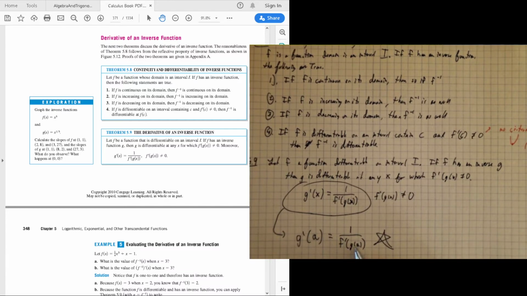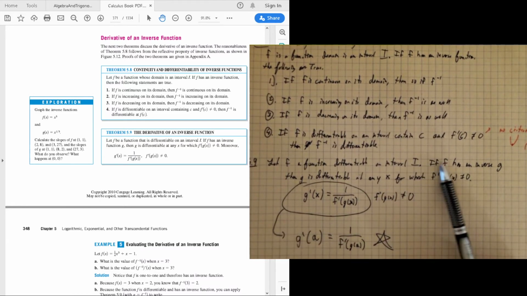Usually g prime is a pain to find, especially if I just want one value, because if I can find f prime and then just plug g into it, then I'm done. I have the answer. It's that simple. And so when you look at these kinds of functions, this gives us a whole lot of flexibility on how we want to approach a lot of different problems.